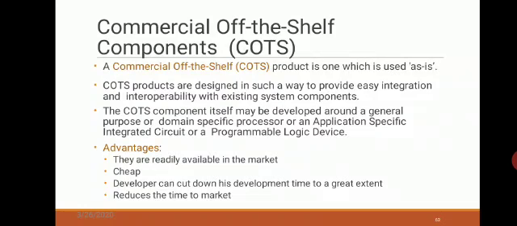What are the advantages? They are readily available in the market, they are cheap, and the developer can cut down his development time to a great extent, which reduces the time to market. You do not have to design another device for the Wi-Fi functionality. There is already an available device which you just put into the microcontroller and use accordingly.